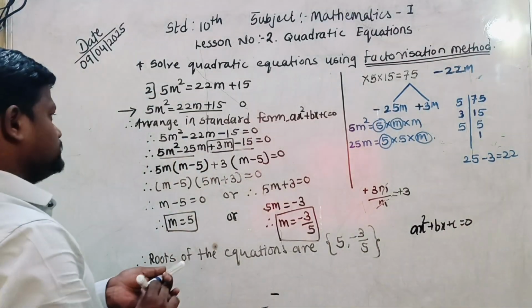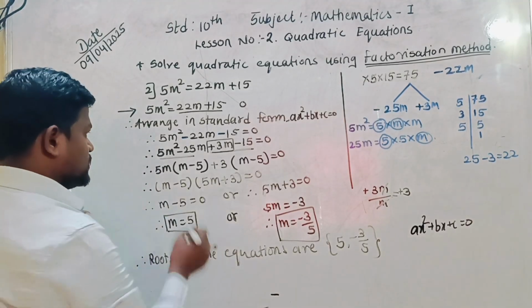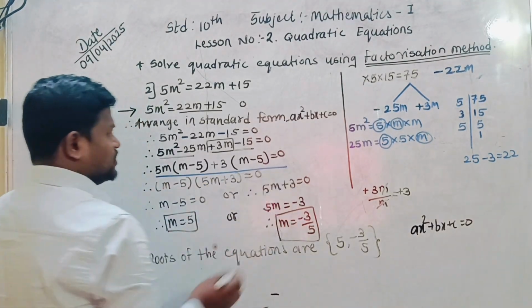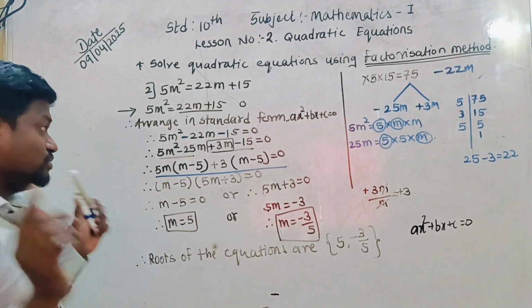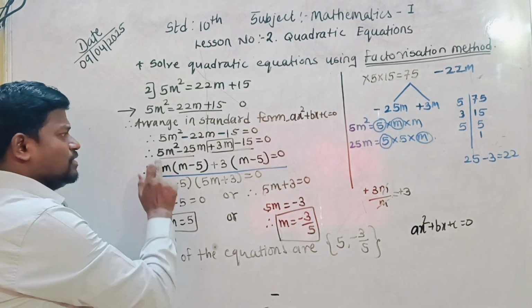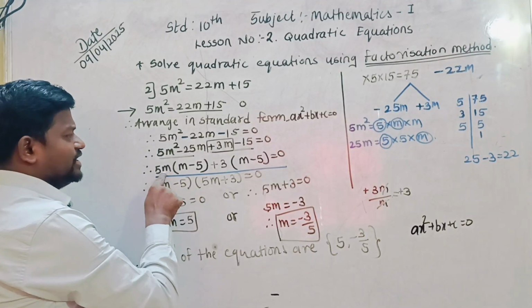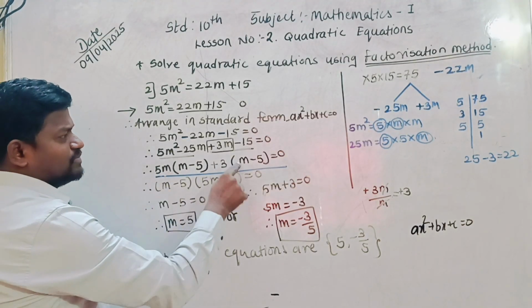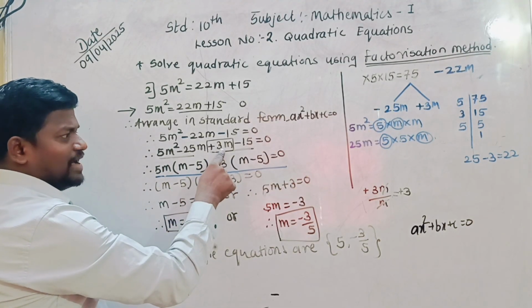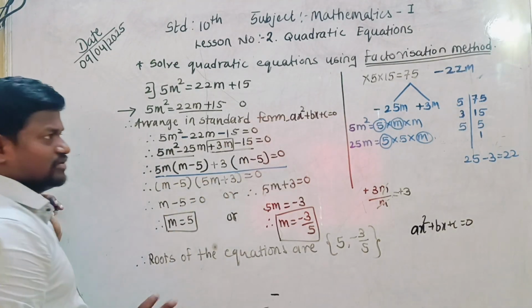See, when we use this shortcut, you must cross check. So 5m multiplied by m, 5m square; minus minus 5 5s are 25m, plus 3 into m, 3m; minus minus 5 3s are 15.